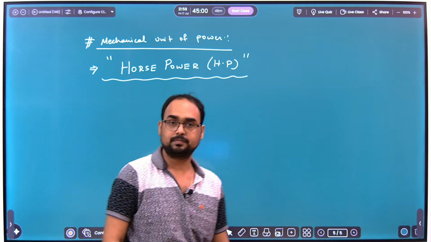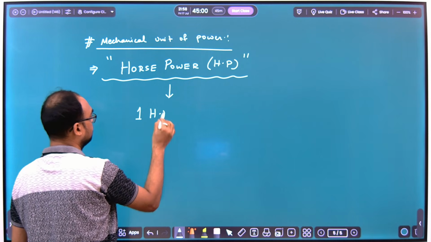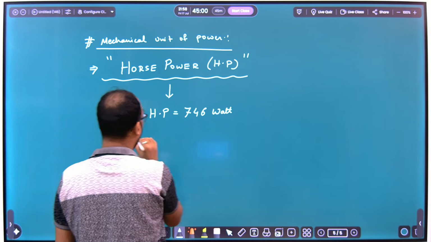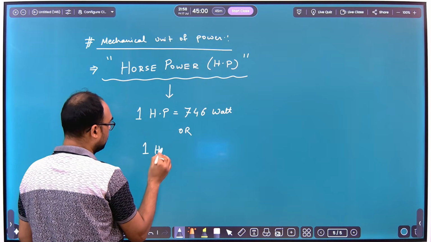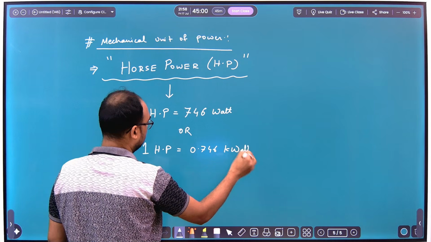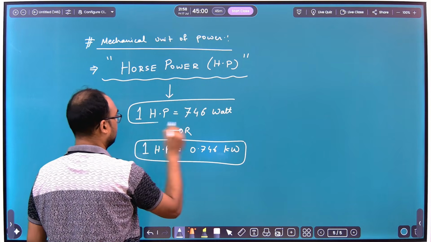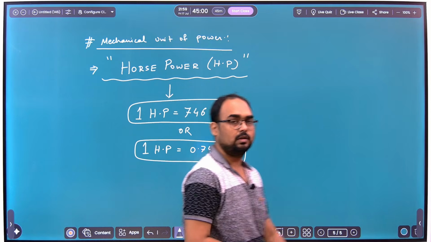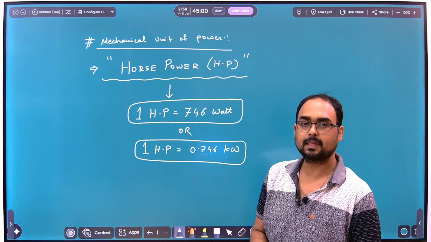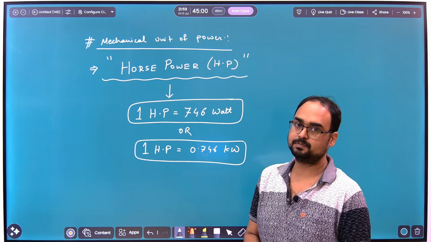So what is the conversion? 1 horsepower is equal to 746 watt, or 1 horsepower is equal to 0.746 kilowatt. These are the two conversions for the mechanical unit of power.